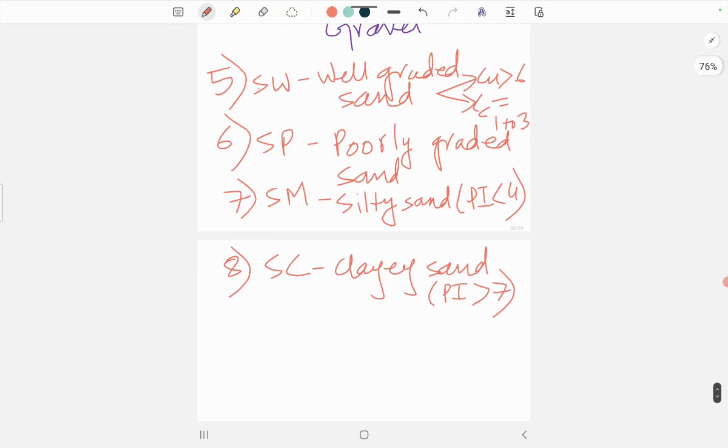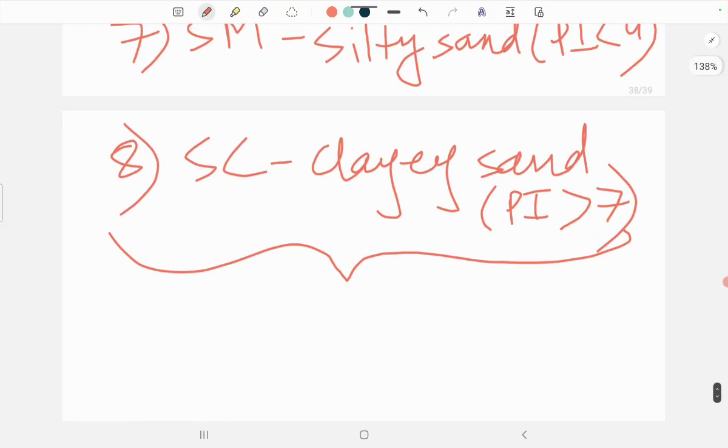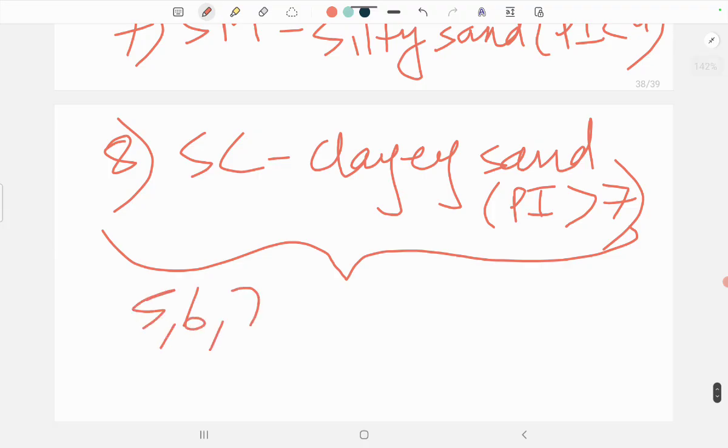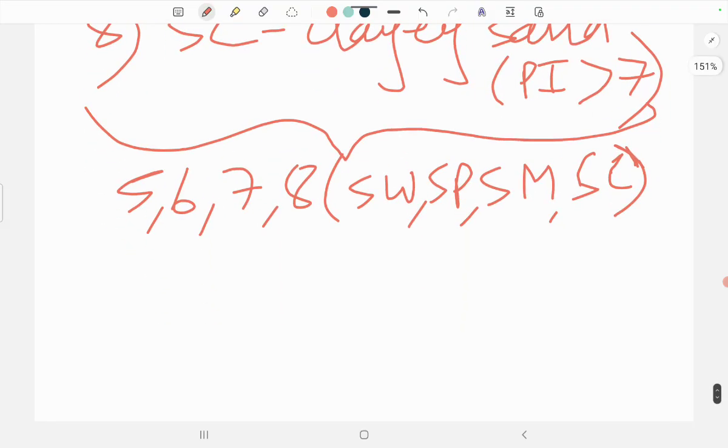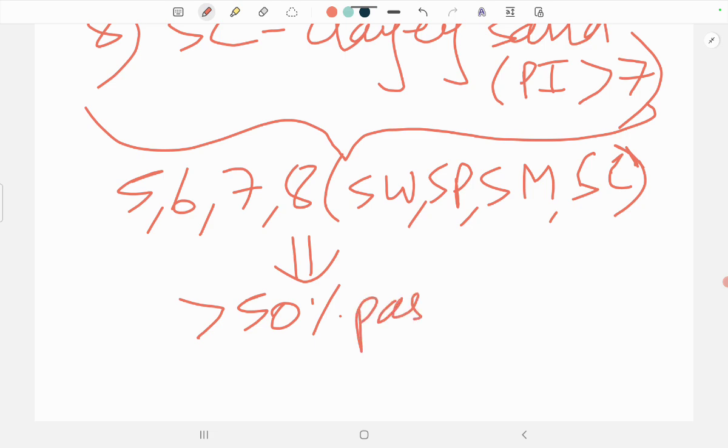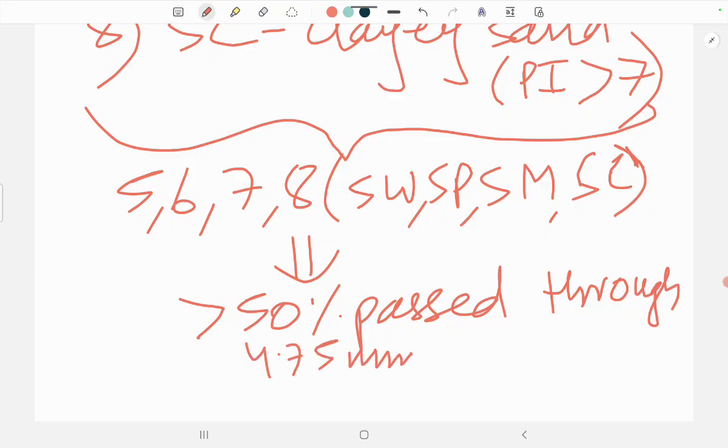And all these 5, 6, 7 and 8, that is SW, SP, SM and SC, have to have greater than 50% passing through the 4.75 mm IS sieve.